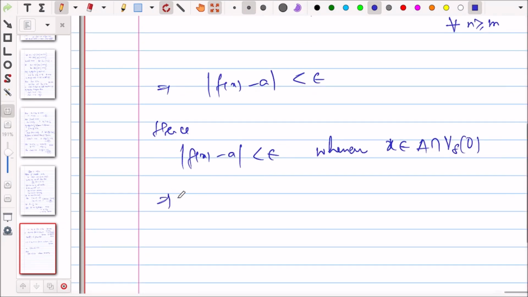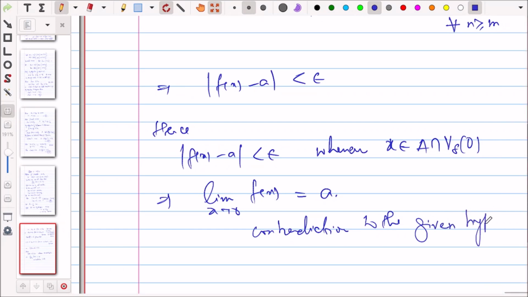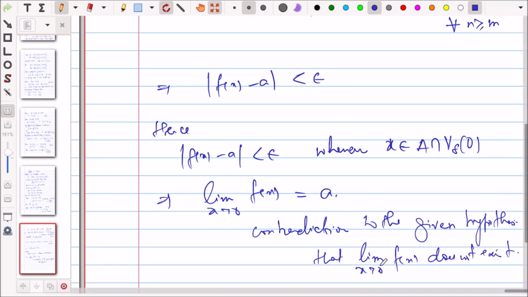This means that limit x tends to 0 of fx is equal to a, a contradiction to the given hypothesis that limit x tends to 0 of fx does not exist. We were given that the limit does not exist, but we are able to prove that the limit exists and is equal to a, so our assumption is wrong.